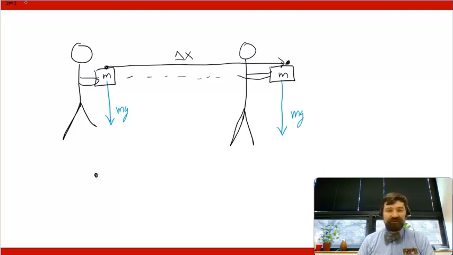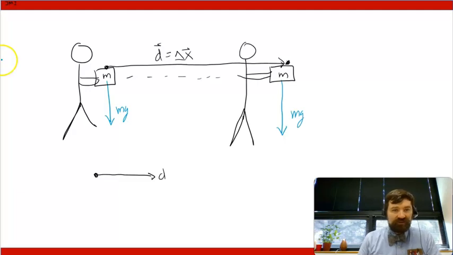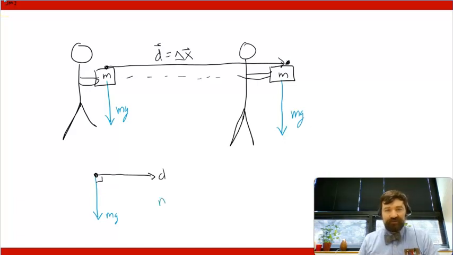So if I draw this sort of diagram that shows displacement, or d, on it, and I draw the gravity, it's like this, m times g, these two are perpendicular to each other. So this time, if I go work is mg dot d, I get m times g times d times cosine of 90 degrees.